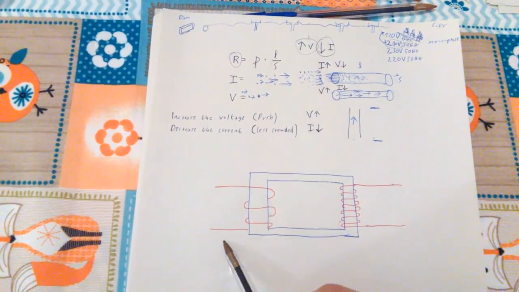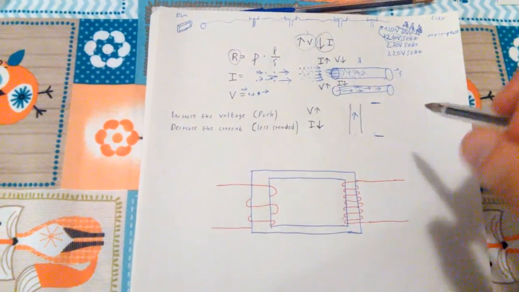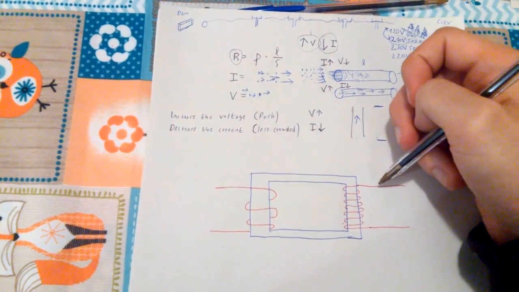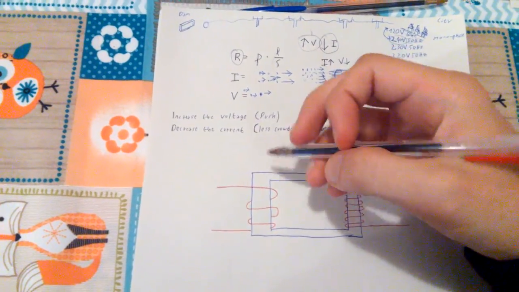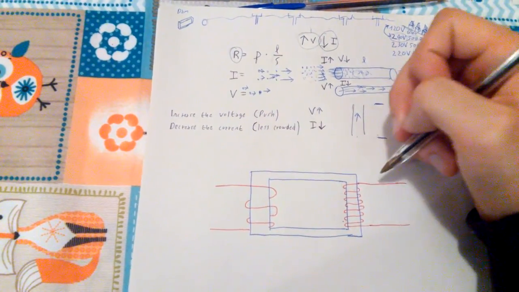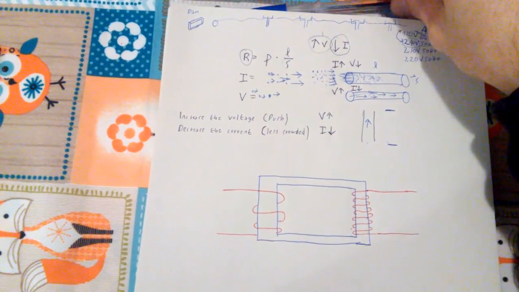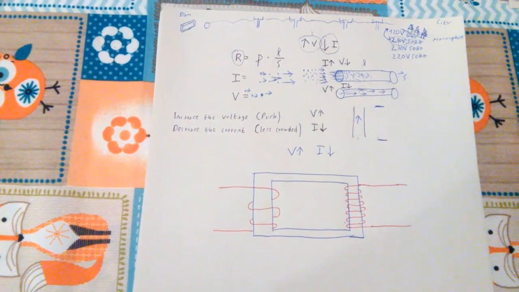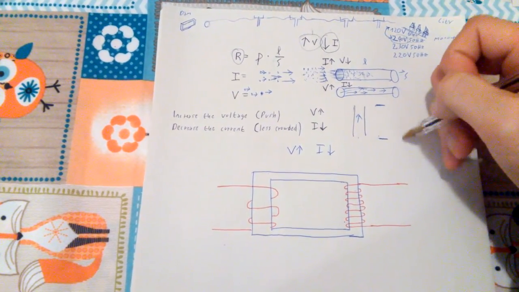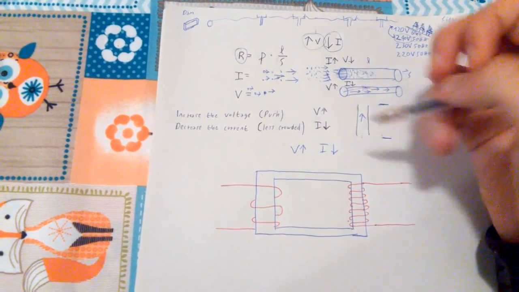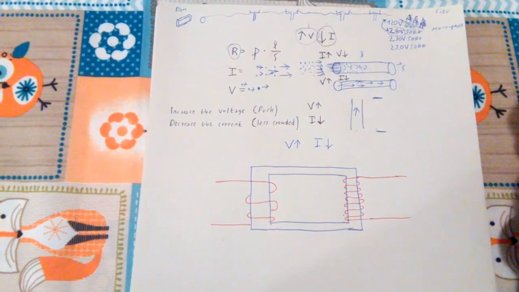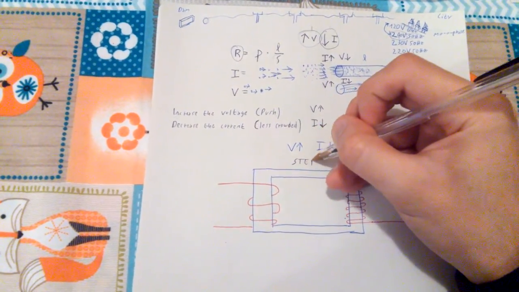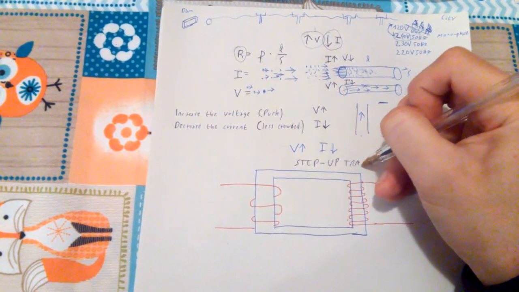So if you have fewer turns of wire on the left and more on the right, it means that we're going to raise the voltage and lower the current. So the voltage here is going to be higher than the voltage here, and the current, of course, is going to be less. This one is called a step up transformer.